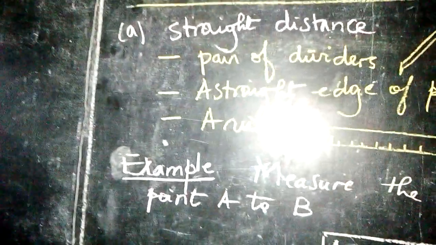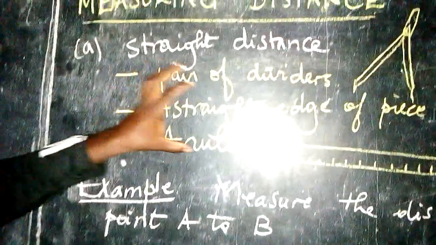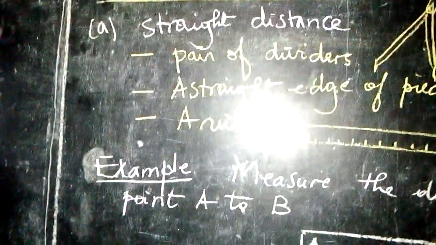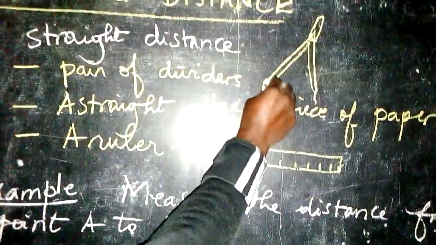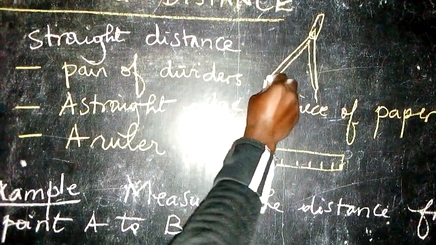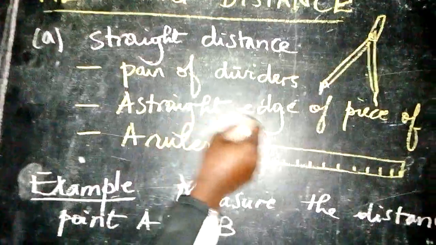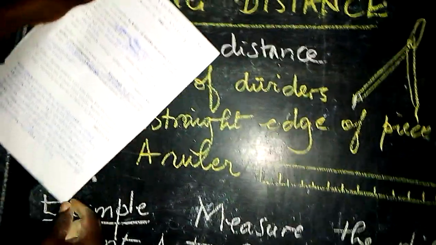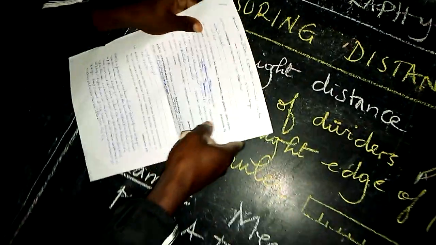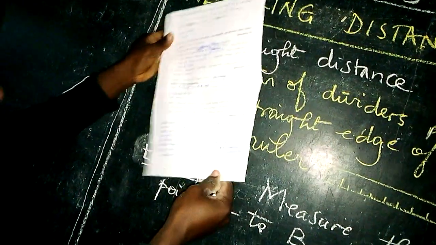If one wants to measure the distance of a straight line, there are some tools we can use. For example, we have a pair of dividers, a tool found in the mathematical set. We have a straight edge of a paper, a paper which has a straight edge.